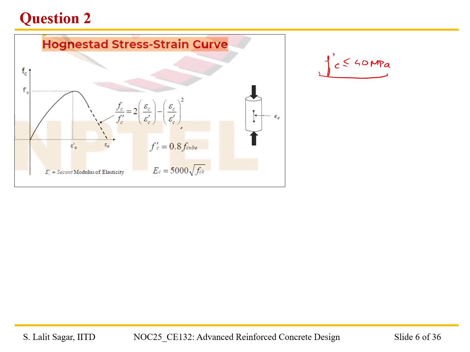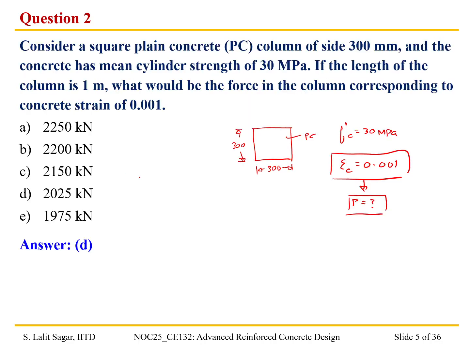The procedure: corresponding to an axial strain of 0.001, let us find out the value of Fc, that is stress in concrete. From that we can determine the axial load in the column.